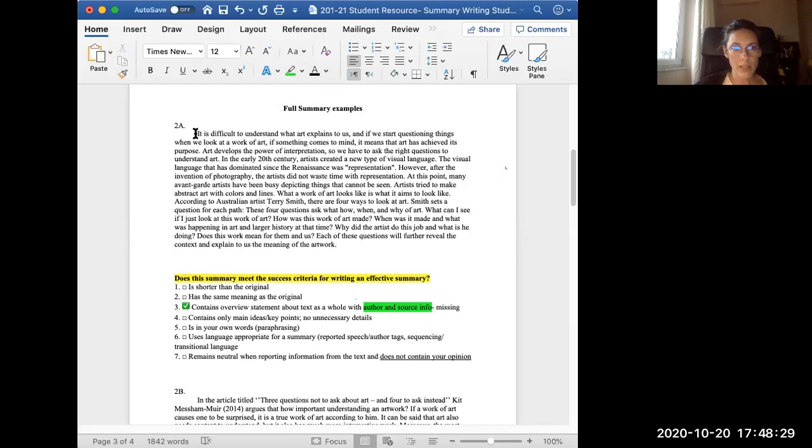So here, the way that this starts out, it is difficult to understand what art explains to us, and if we start questioning things when we look at a work of art. So this has the idea from the article, but it just looks like it's the start of an essay or an article by whoever wrote this. So it has to be clear where this comes from.